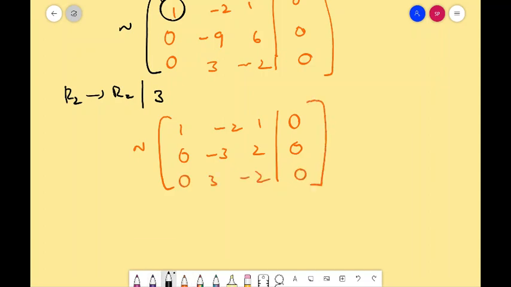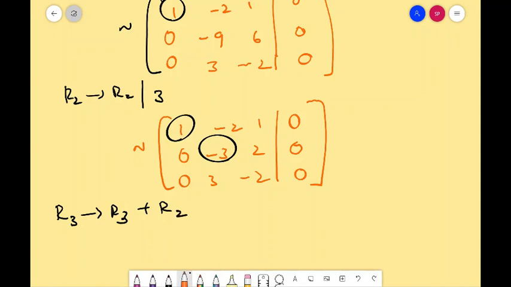Now the work will be simple. For R3, add R2 to R3. So this will be 1 minus 2, 1, 0; 0 minus 3, 2, 0; and 0, 0, 0, 0.